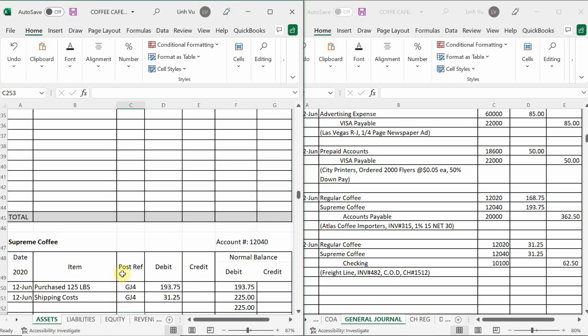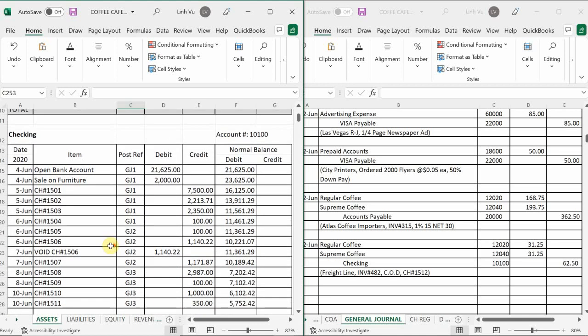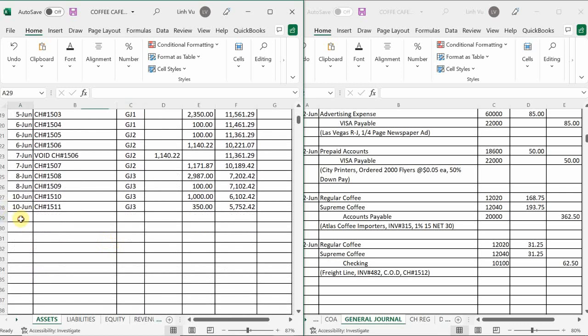Last but not least, since I cut a check, I need to update my checking account. I wrote check number 1512 on general journal number 4, and I wrote it out for $62.50.